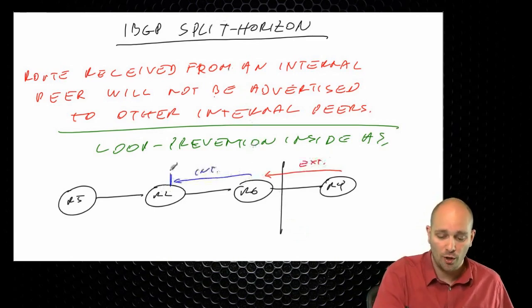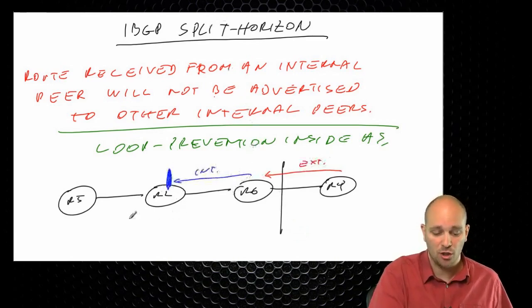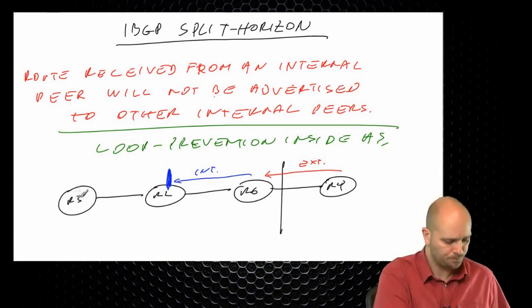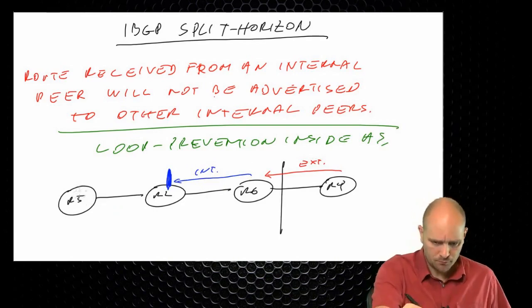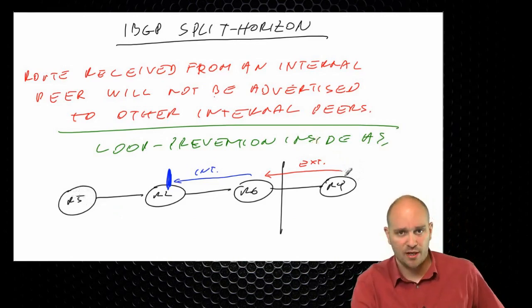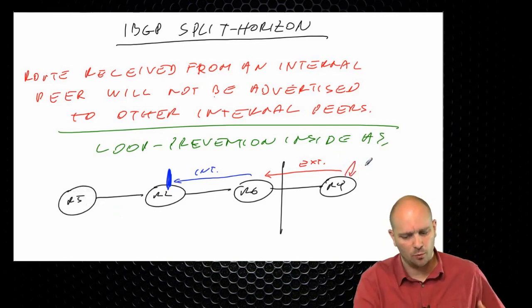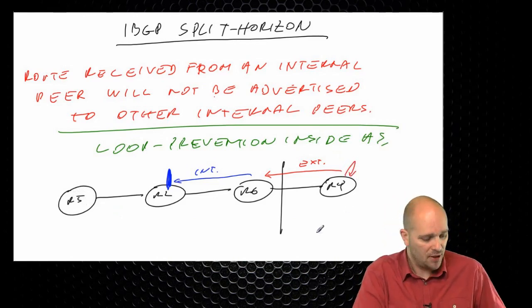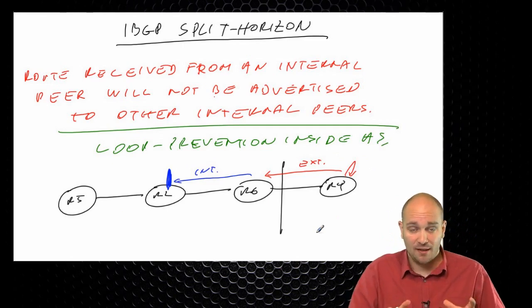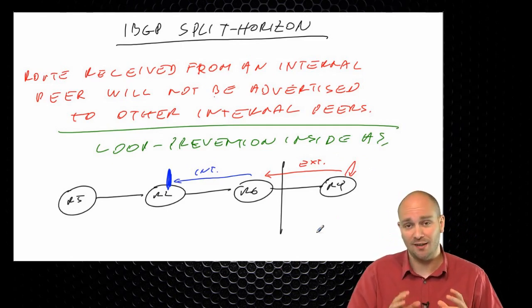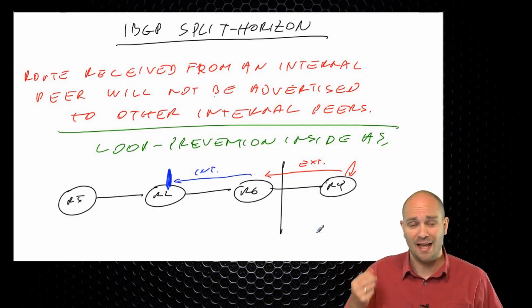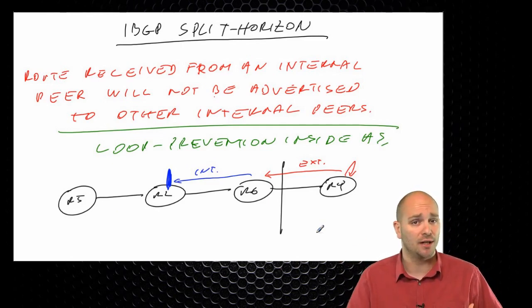And R2 will not advertise an internal route to an internal peer. Now, you might be looking at the screen and saying, hey, but hold on, wasn't this route an external route? Well, yes, it was, but internal or external has nothing to do with where the route originated. It simply means where we are learning it from.